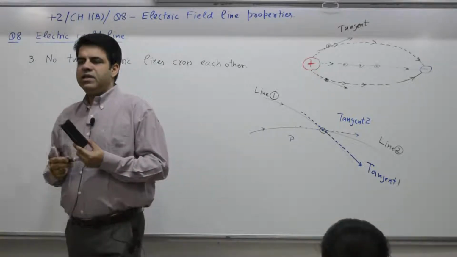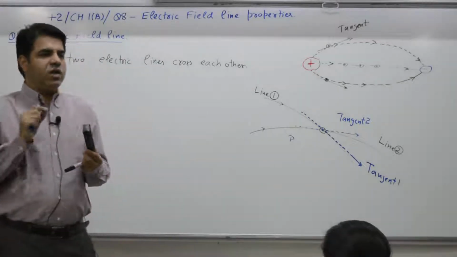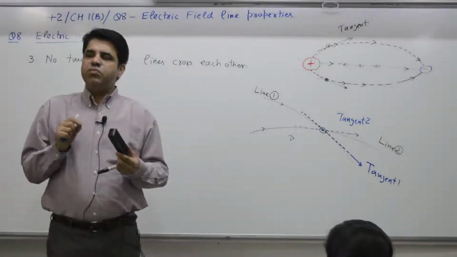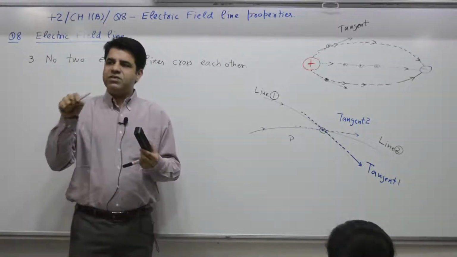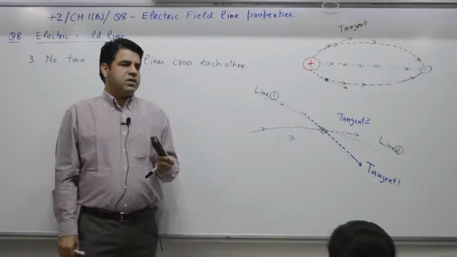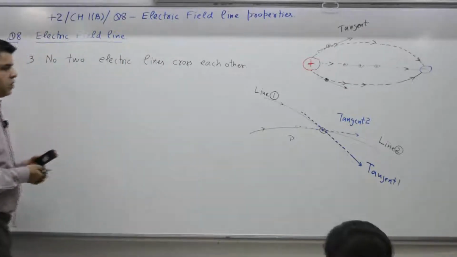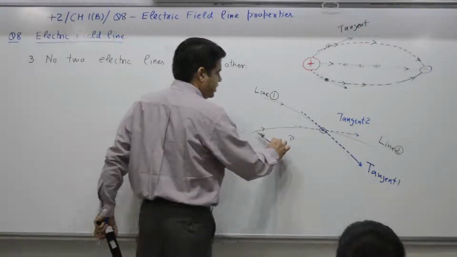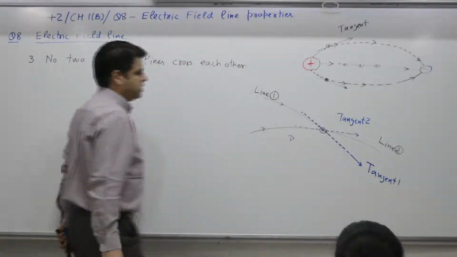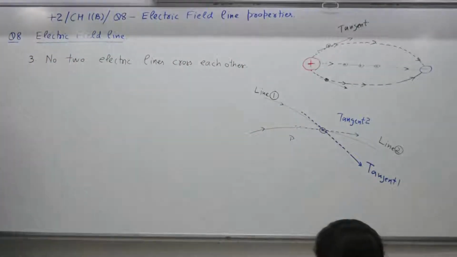Is it possible that one particle at one point in space moves in two directions simultaneously, at a given instant of time? It is not. That is why these two lines cannot cross each other. The explanation: let two electric field lines cross each other at P as shown in the figure.